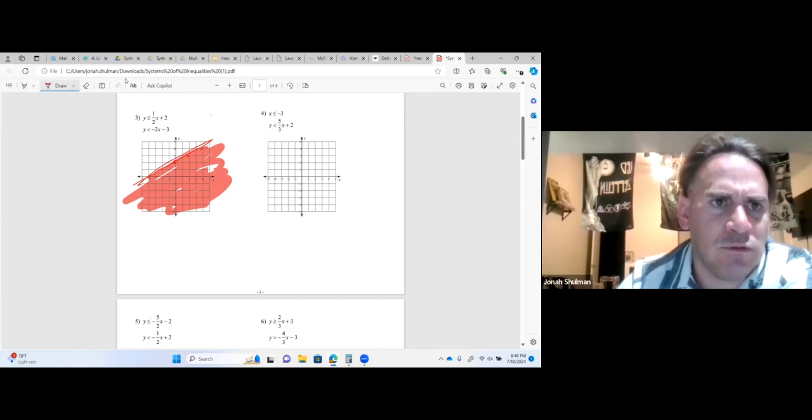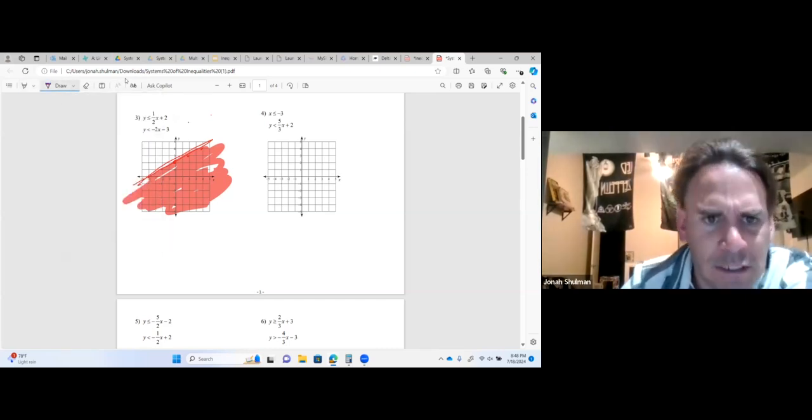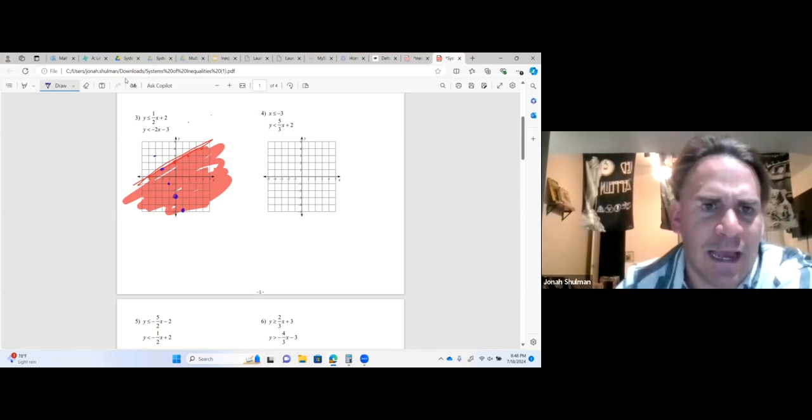All right, let's do the next one in blue. Okay, nice dark blue. So now we're at -3. And I'm going to go down 2, back 1, up 2, back 1. Notice that I'm right on my slope because of what it's doing. Now, do you see how this one is going to be hashed?